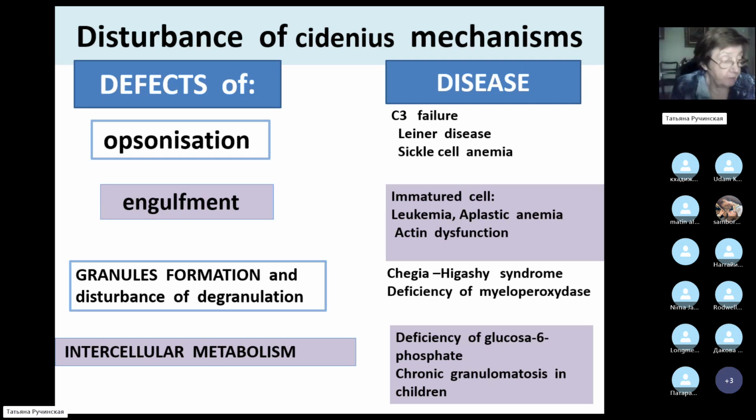If there is a defect in the complement system, C3b will be absent as an opsonin. That is why some diseases appear, for example, sickle cell anemia has these defects in macrophages.